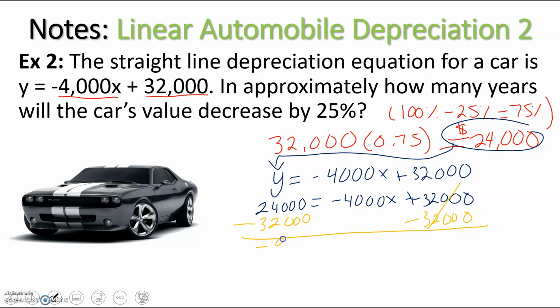That's going to give us negative 8,000. Then we're going to divide both sides of the equation by negative 4,000 to isolate the variable x. And then negative 8,000 divided by negative 4,000 is 2.